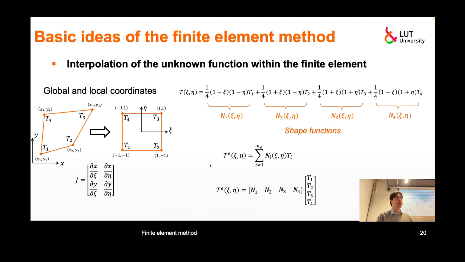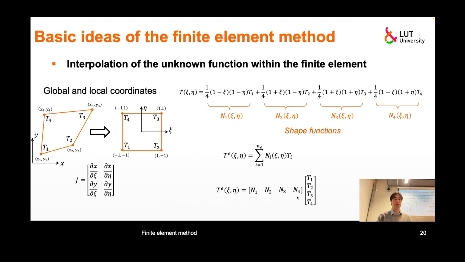Okay, and another type of writing that I will be using is this matrix notation. So if I can compose some kind of this row type matrix out of those shape functions, I put them here. So it's a matrix, but its components depend on local coordinates.